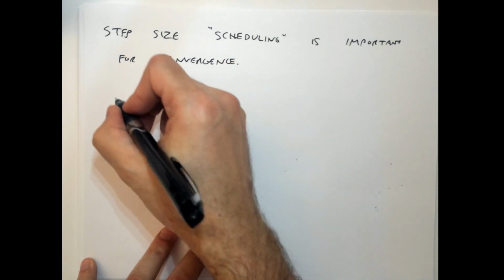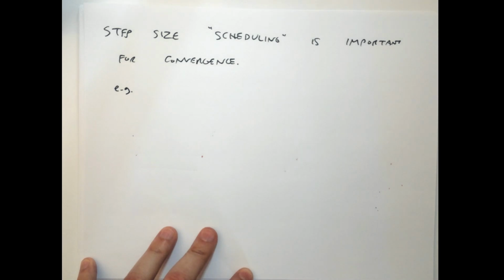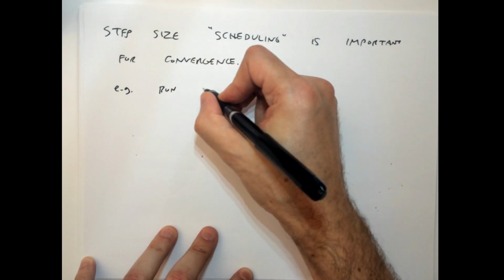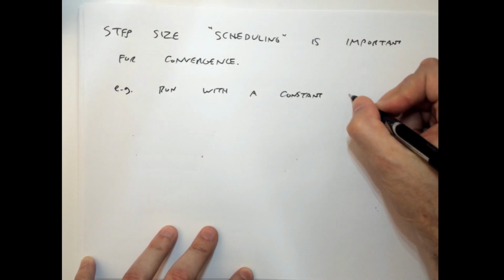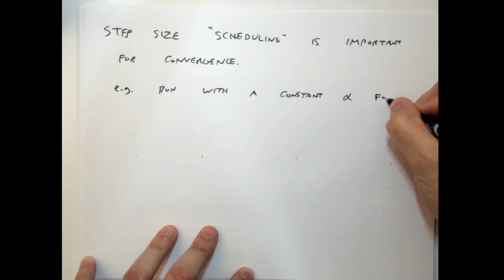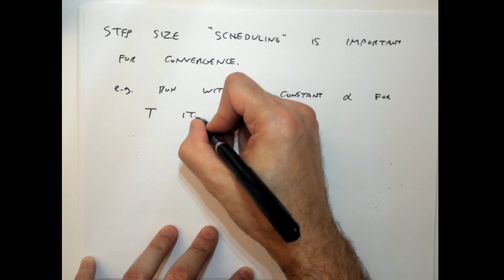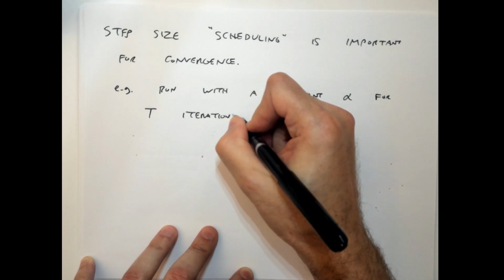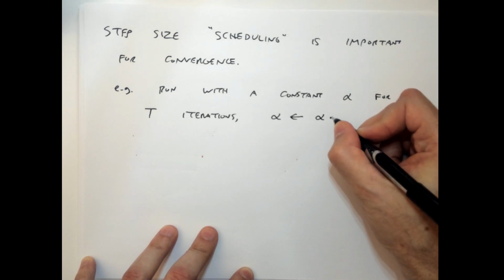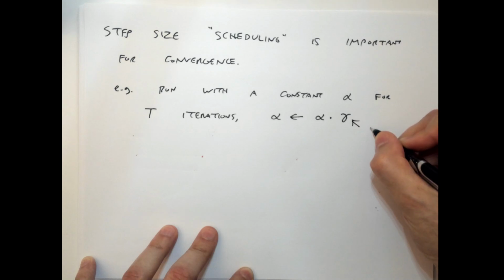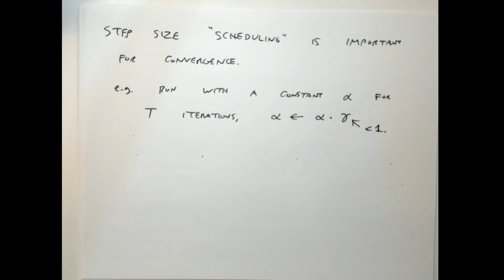For example, what I could do is run with a constant alpha for t iterations, and then I replace alpha with alpha times gamma, where this number is less than 1. So after every t iterations, I'm going to reduce my step size by a certain fraction, right?